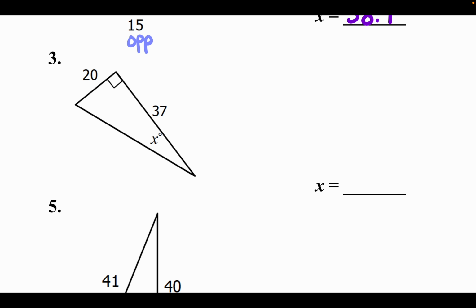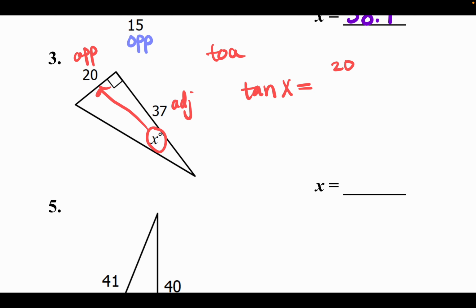Number 3. We have 20 as our opposite, 37 is our adjacent, so that is tangent. So tangent of x equals 20 over 37.